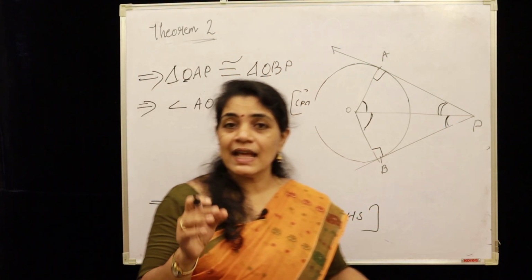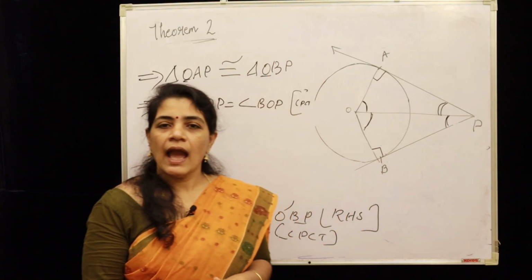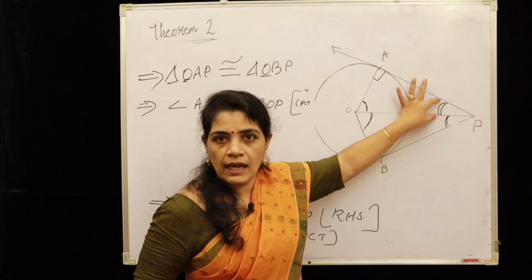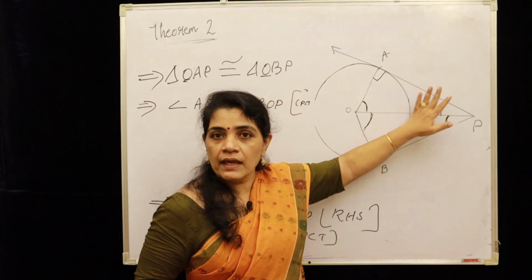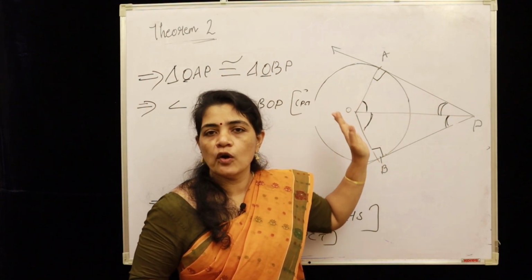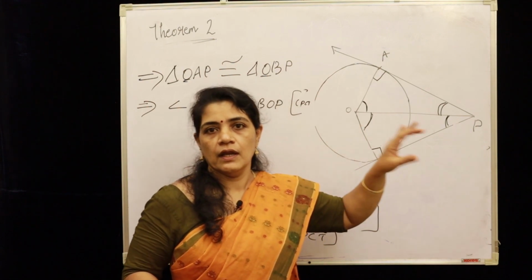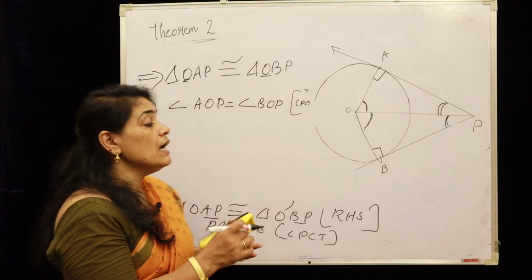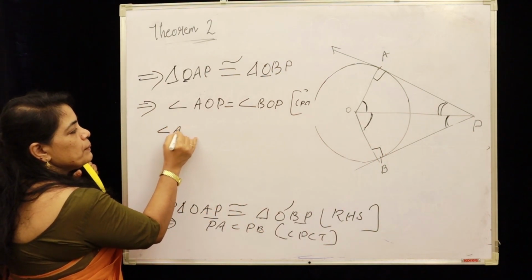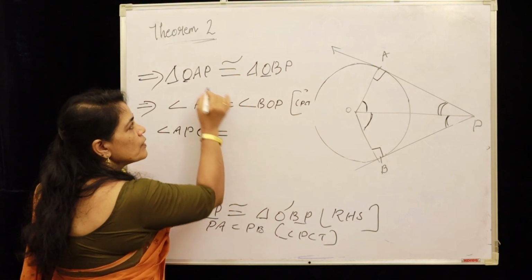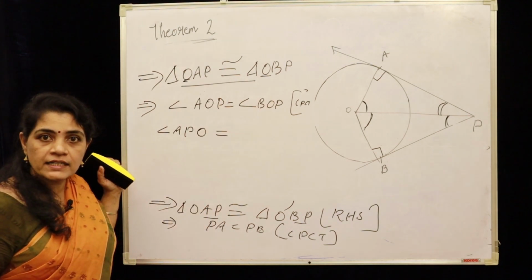So that means the angle between OP and PA. PA is the length of tangent and OP is the line segment joining the center to the external point, and that angle from the figure is angle APO. Will you get this result from this congruence criteria?